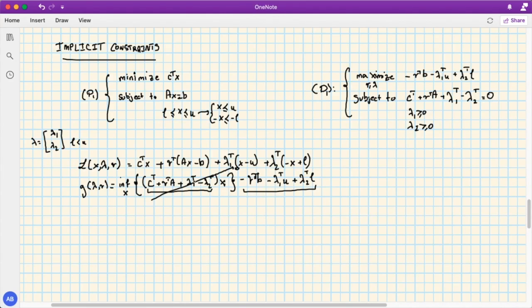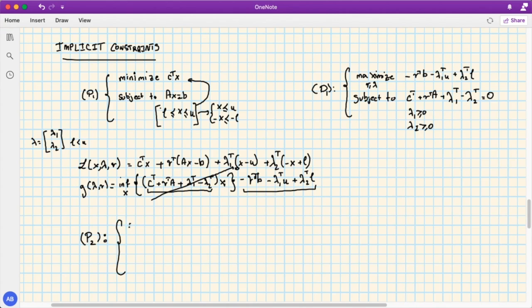Now, let's say I am going to be interested in an equivalent problem, P2. So this is an equivalent reformulation of P1. But instead, I'm going to absorb this constraint into the cost. What do I mean? So let me show you.